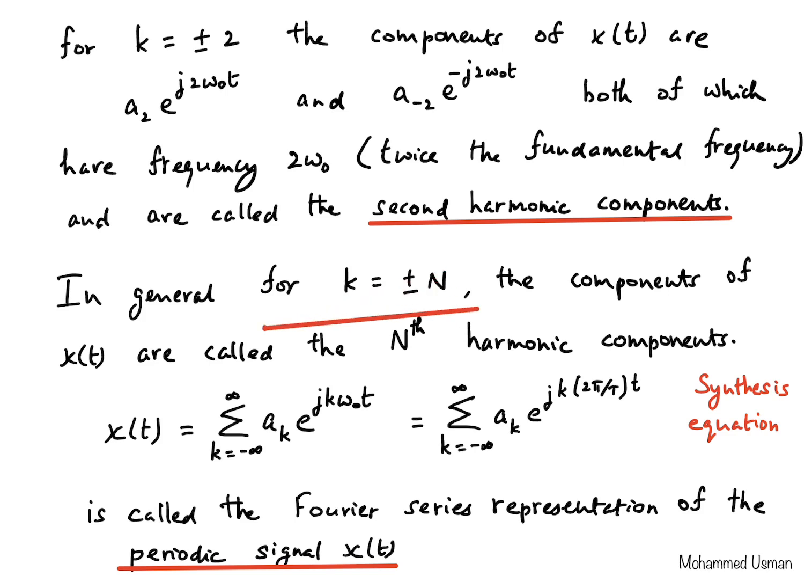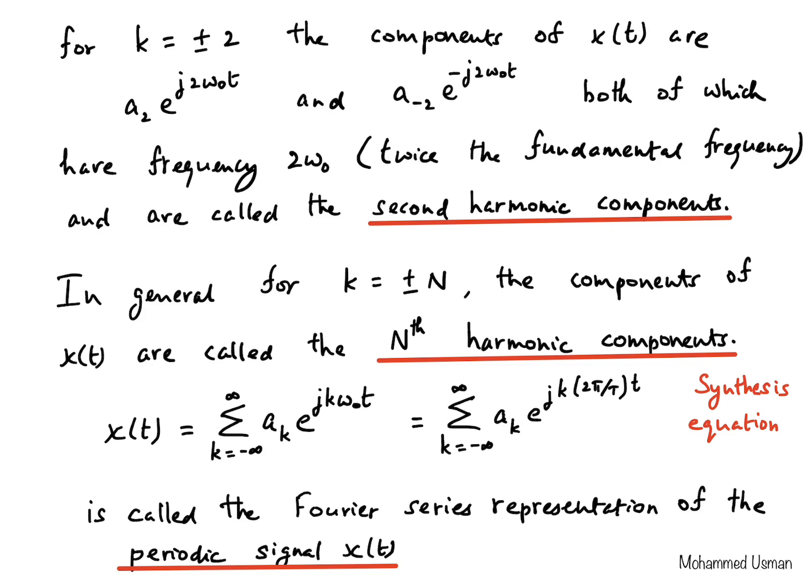In general, for k equal to plus or minus n, we will have the nth harmonic components. So we are just getting familiar with the terminology that we are going to come across in this topic.